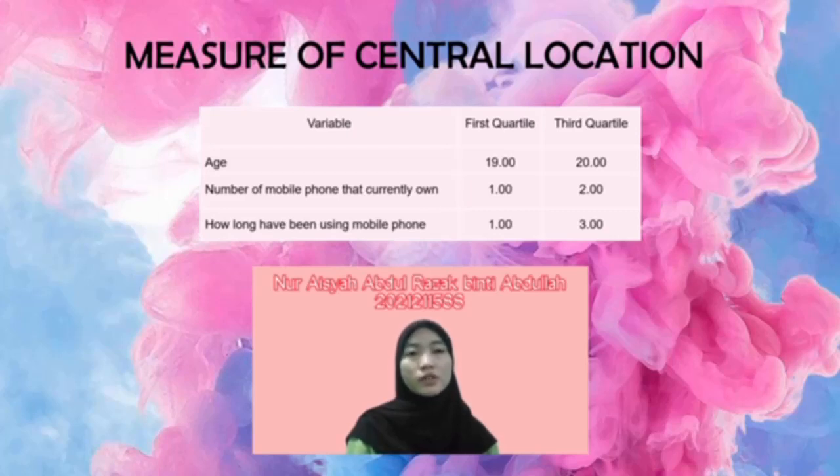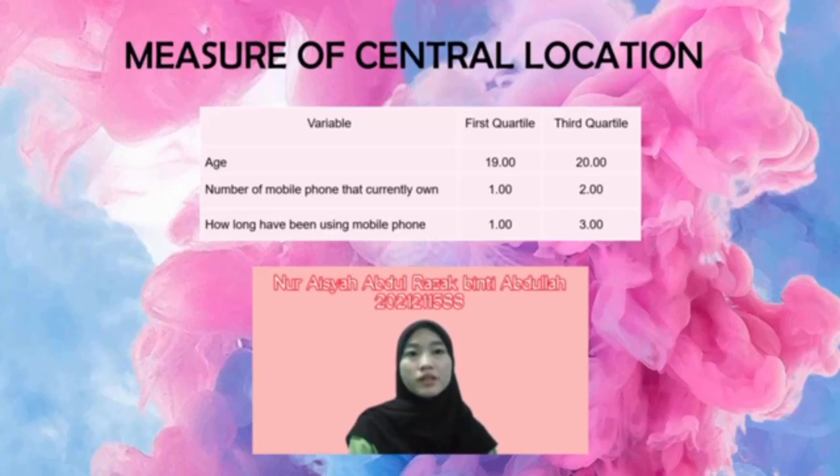Apart from this, 25% of students in this study own more than 2 mobile phones, and those who own less than 2 mobile phones are 75%. Nonetheless, 25% of students own 1 mobile phone, while the other 75% of them have more than 2 mobile phones.